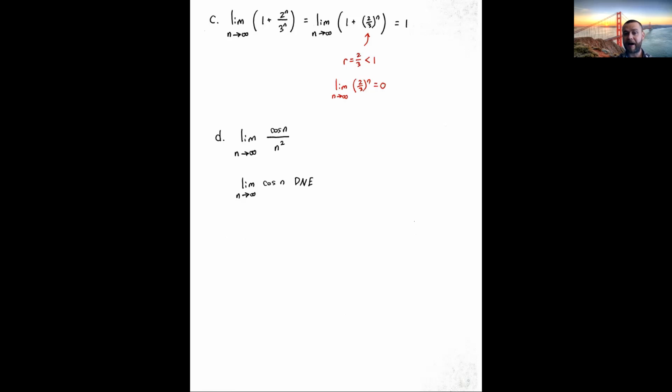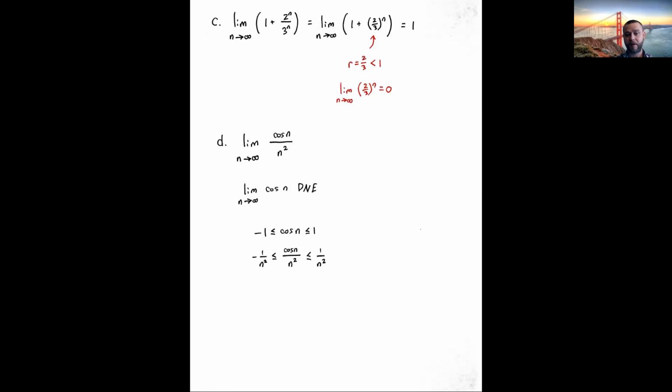Now, how we can get around this, even though the limit of cosine of n as n goes to infinity doesn't exist, we can take a look at squeezing cosine of n divided by n squared between two other functions. The starting place to construct this compound inequality that does the squeezing is to think back to basic properties of sines and cosines.